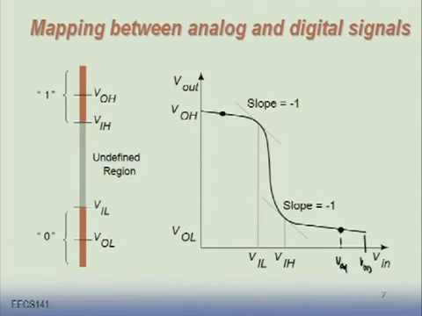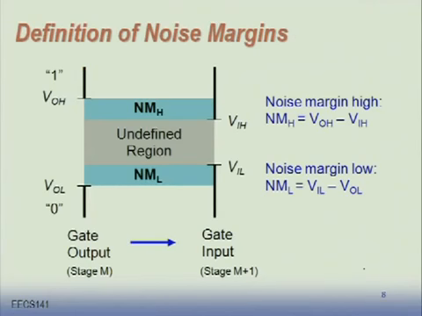In some other circumstances I may care about it, but it's an interesting question that comes up in other aspects, as we'll see. If you make the output higher than VDD, you'll introduce noise, and you usually don't want to do that. Really, what you want is a narrow, undefined region between.